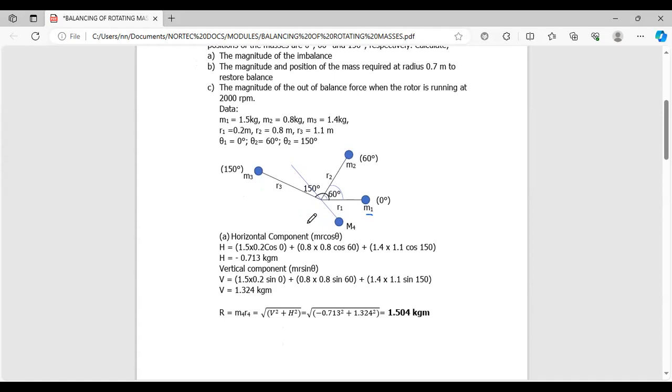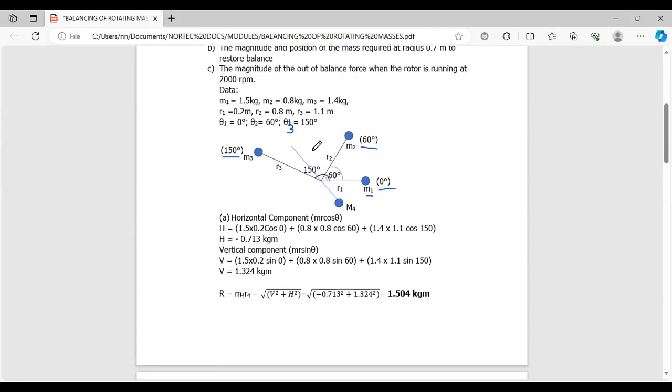Before you even do any calculation, you have to make sure that the angles are correct. In this case, I can safely countercheck that these angles are correct, because that's according to how they were provided. Theta 1 is 0, theta 2 is 60, and theta 3 is 150 degrees.